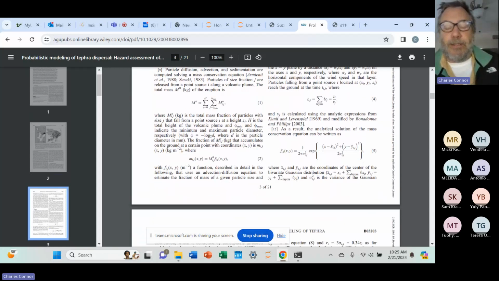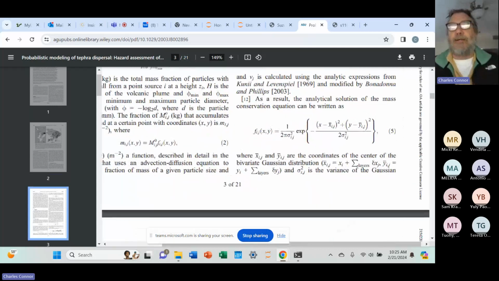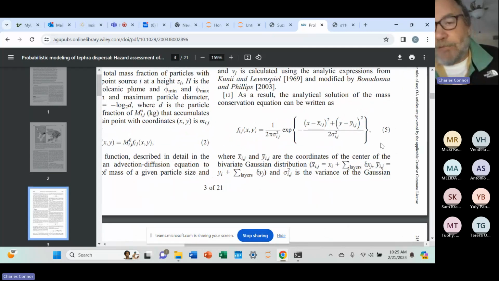So here is equation 5. Here's the same advection diffusion equation. That's a sort of more simplified view of it than Suzuki presented.